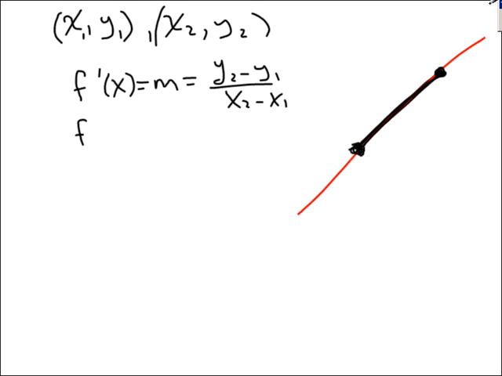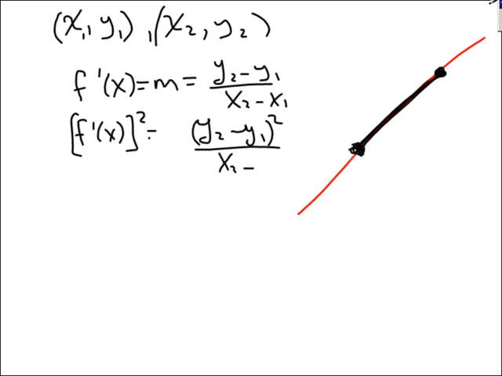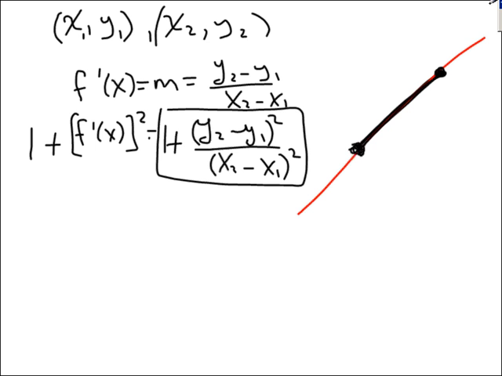And the derivative squared would be (y2 minus y1) squared over (x2 minus x1) squared. And if I add 1 to the left, I have to add 1 to the right side. So we need to clean this up and then integrate from x1 to x2.